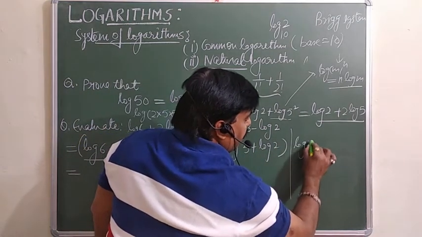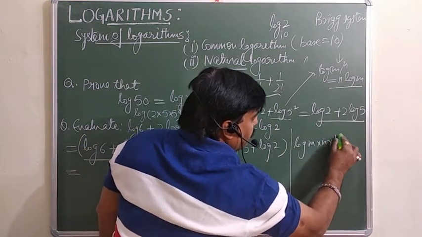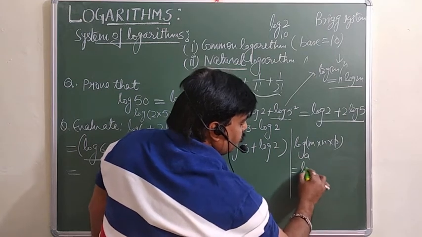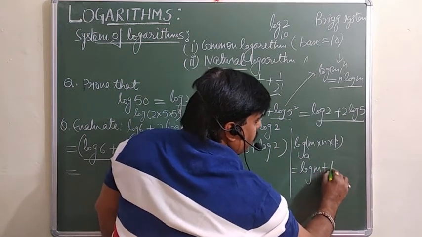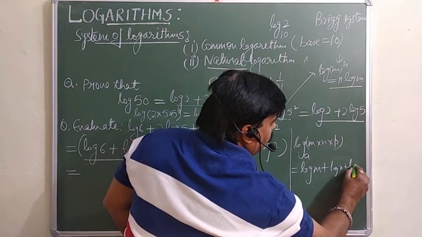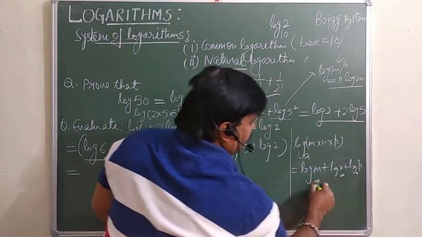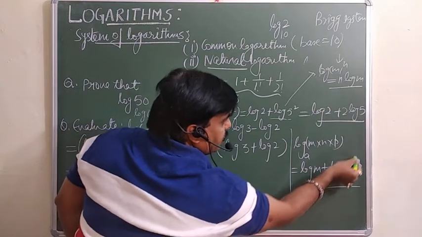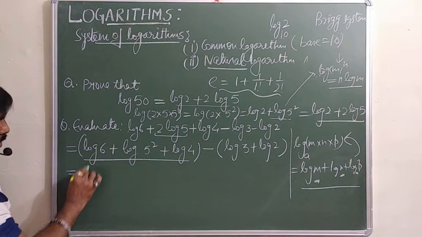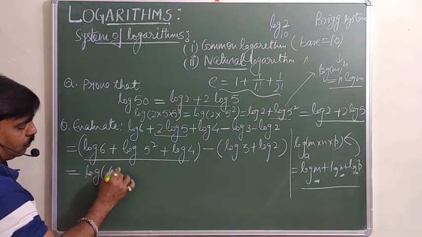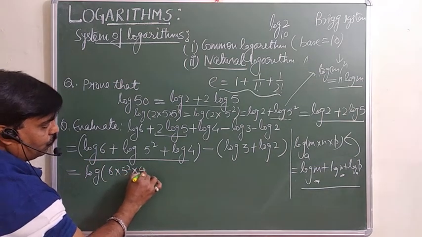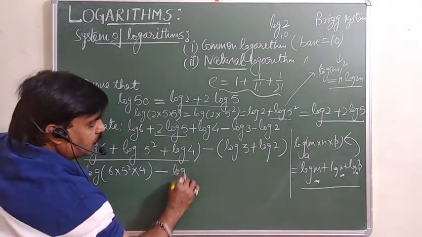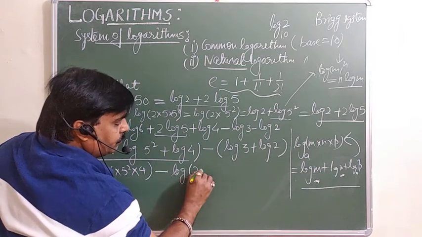Here you can apply log of m into n into p at any base a, which is always equal to log m plus log n plus log p at the base a. So here you can add. Now this can be written as log 6 into 5 raised to power 2 into 4, minus this, which can also be written as 3 into 2.